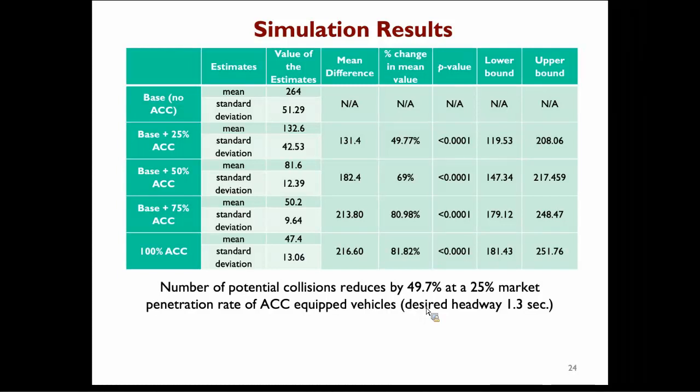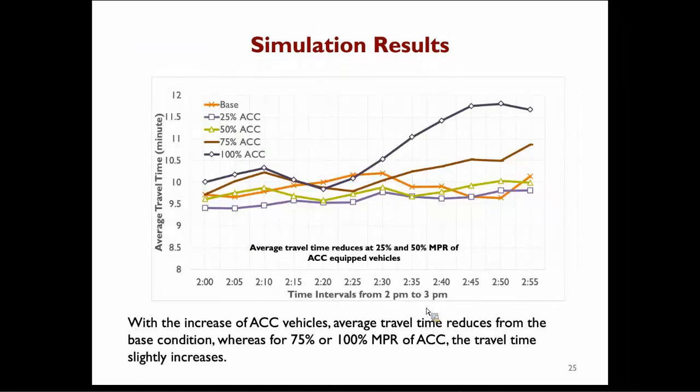Now one question that might come is that this might improve the safety situation, but what happens to the travel time? So we also measured the average travel time to cover the particular segment, and with these ACC vehicles we see that for 25% and 50%, the travel time actually drops.